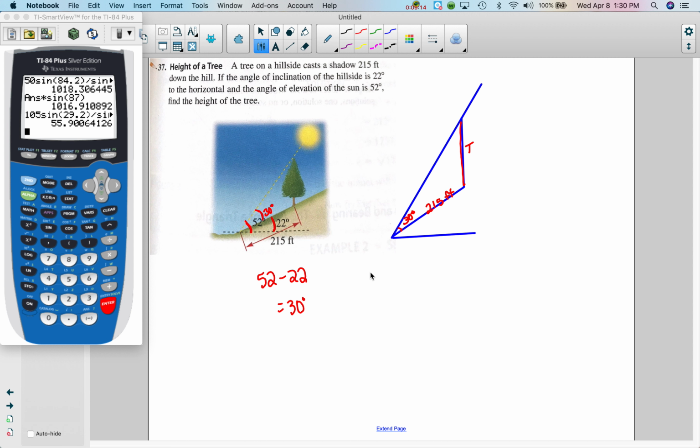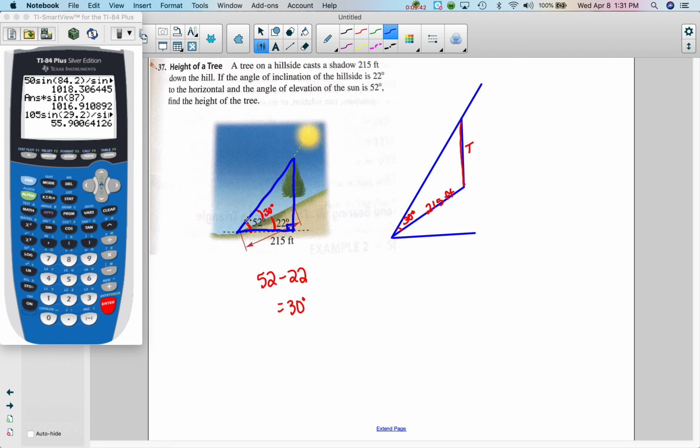What else can I figure out? Well, let me use a different color over here. If I were to look at this triangle here, if I dropped this line straight down like that, this forms a right angle. So imagine extending the height of the tree through the ground so it forms a right angle.